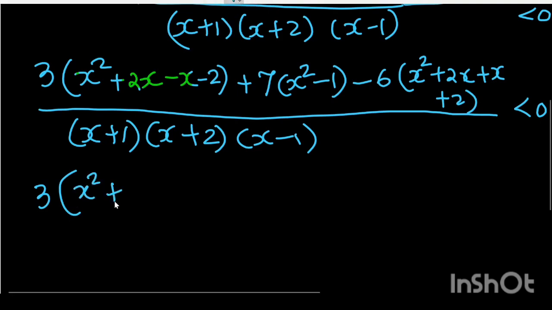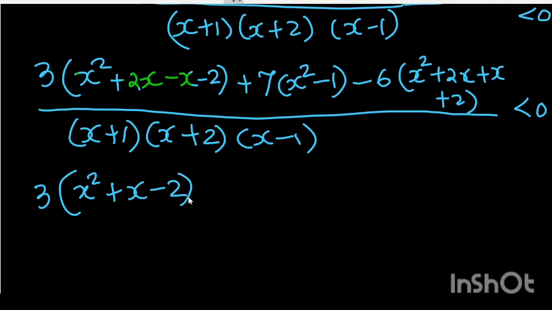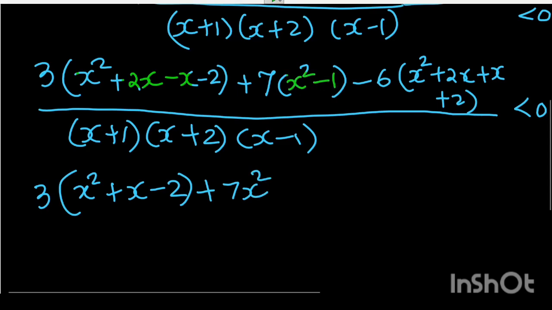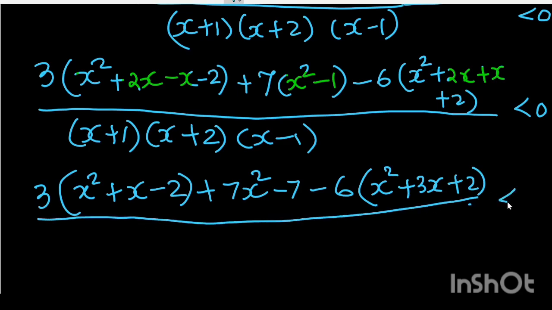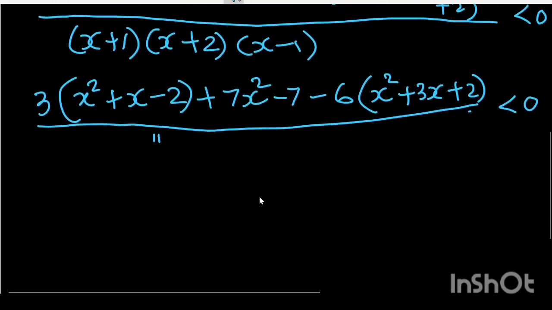It becomes plus x, minus 2 as it is, plus 7 gets multiplied inside: 7x square minus 7, minus 6, x square, 2x plus x gets added, and here we will get 3x plus 2 as it is. All the three factors are as it is; I am not rewriting it, but it is understood.